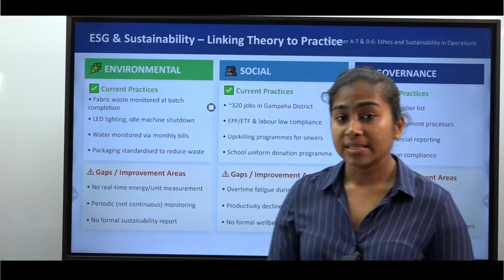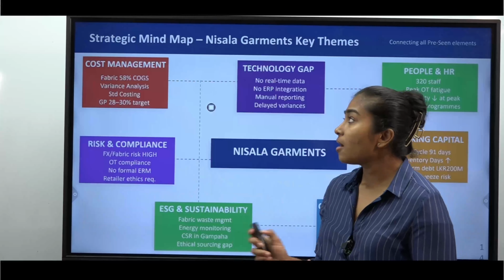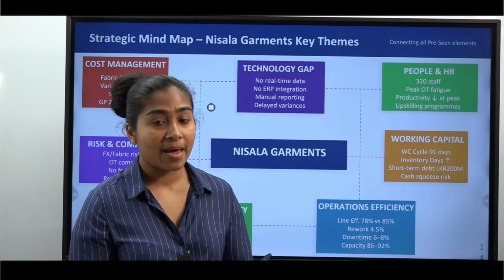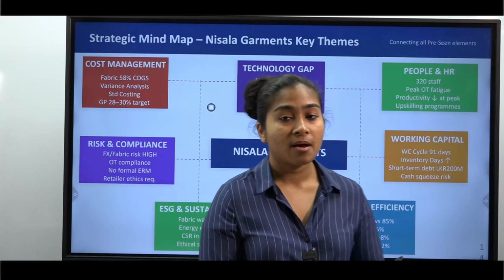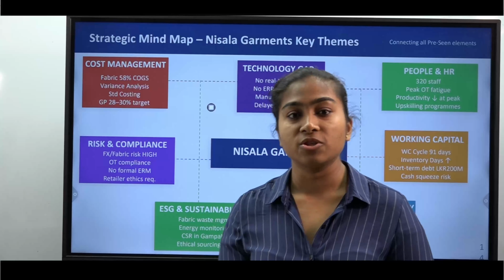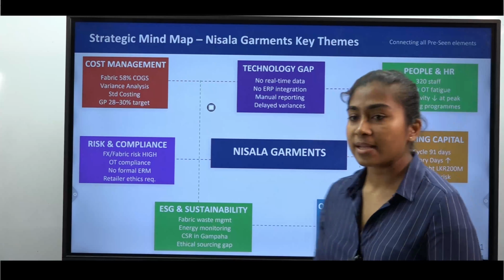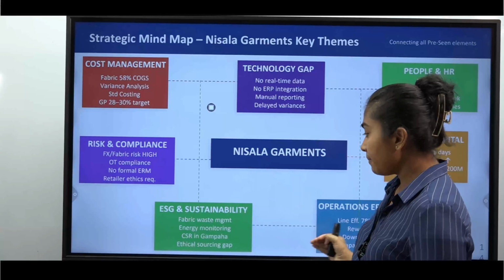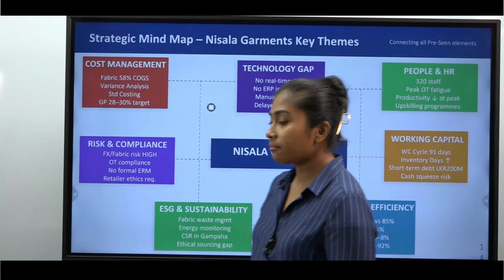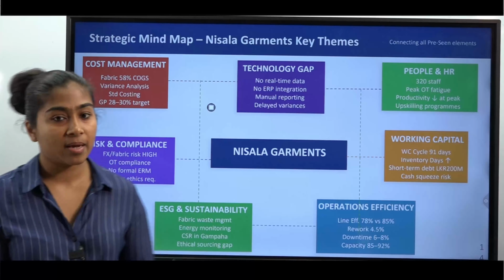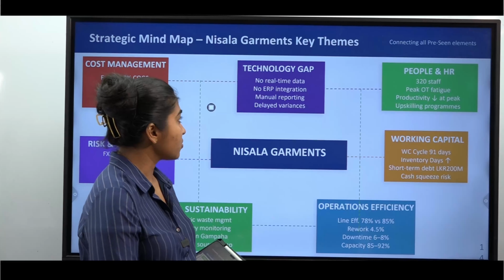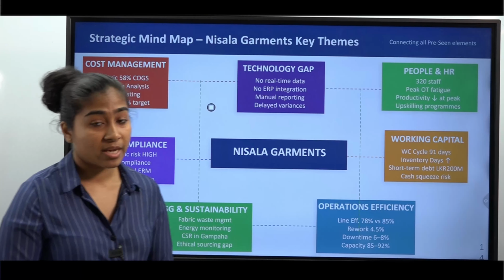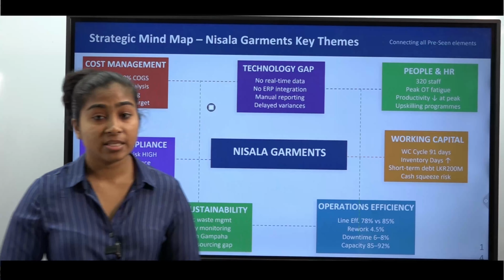Okay. So coming on to the last part, this is just a high-level mind map of the key points on Nisala Garments that you can use as a short note as well. Here I've listed the most important points under each topic. On technology, we don't have an ERP system right now to integrate all the data.